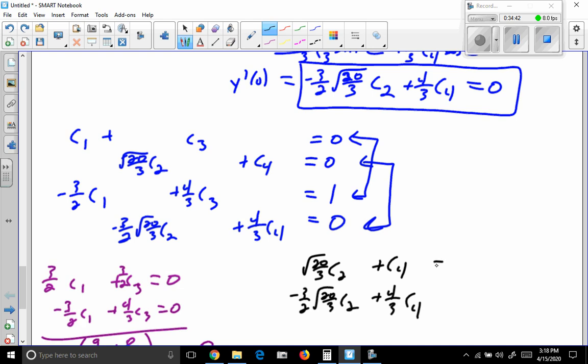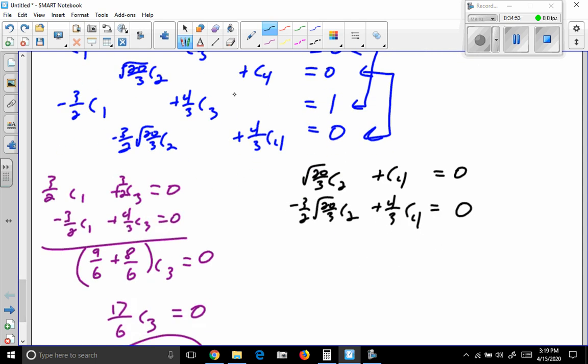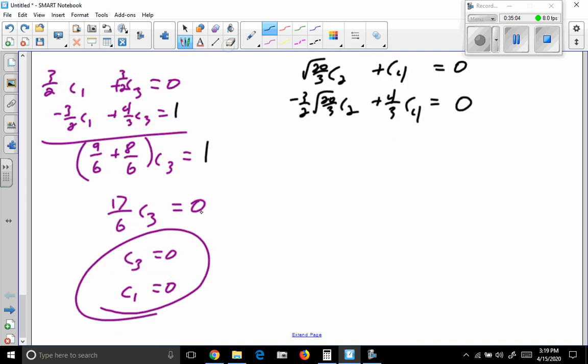This one, oh, I just noticed a mistake I made. This one is 0. This one is 0. So let's come back to that one. Sorry. This was supposed to be a 1 here, wasn't it? That one's supposed to be a 1, so that would make this 1, which would make this 1.